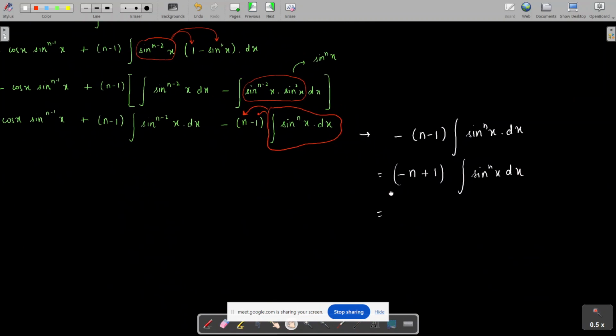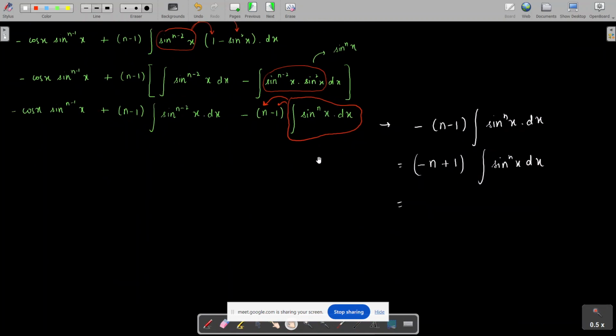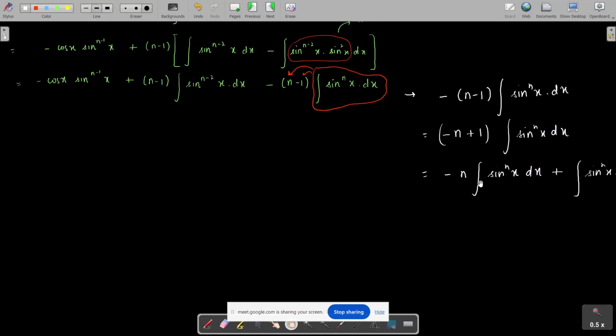So you see that we are getting the same expression that we started from. So now I'll distribute this. So this becomes negative n integral of sine nx dx plus integral of sine nx dx. Yes. Okay, so this is the final expression.